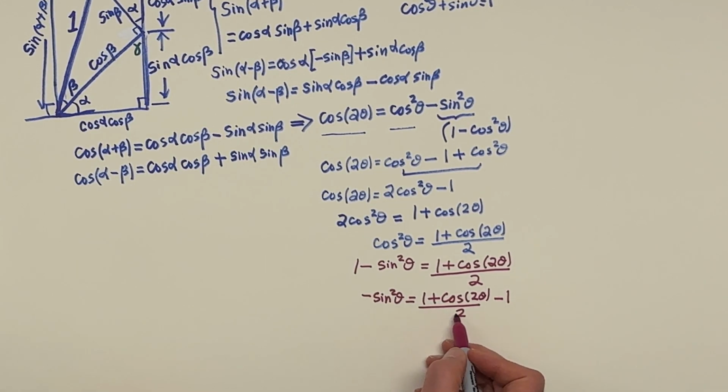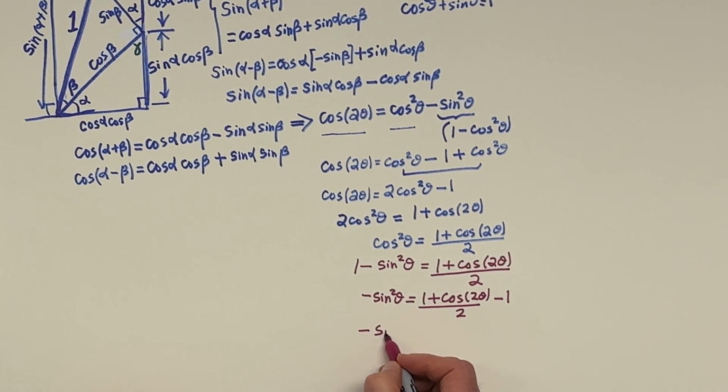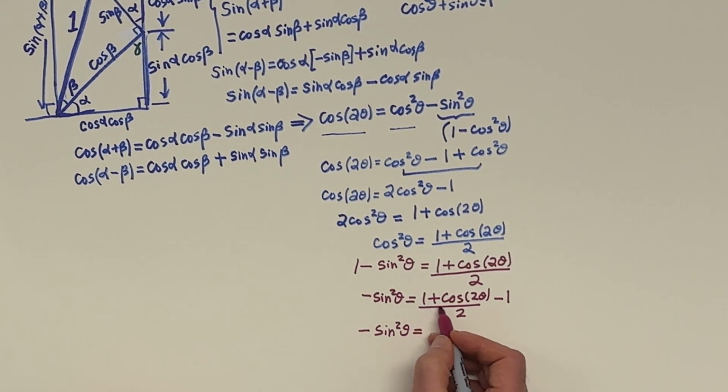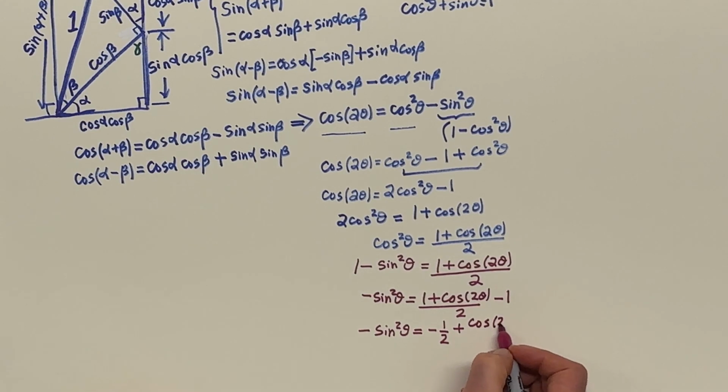And if you have a 1/2 and a minus 1, you'll have a negative 1/2. So this is sine squared theta. It's going to be equal to 1/2 minus 1, which is negative 1/2, and then we'll still have the plus cosine of 2 theta over 2.